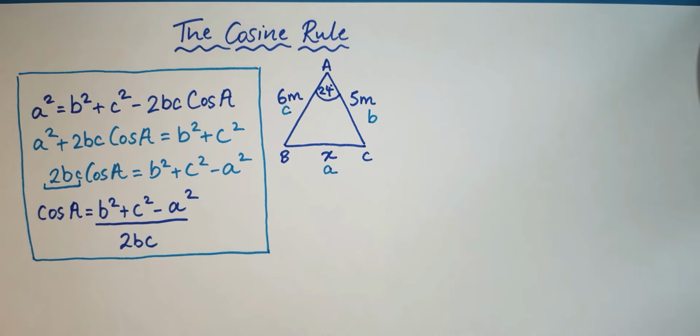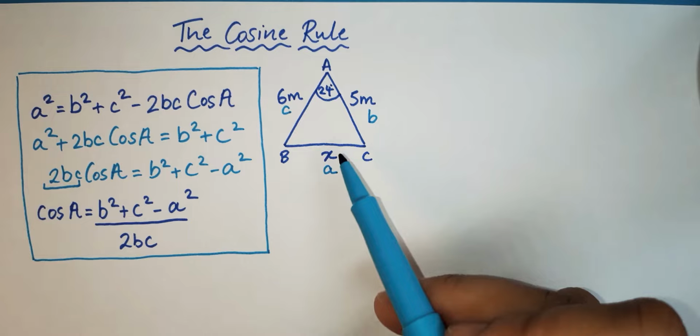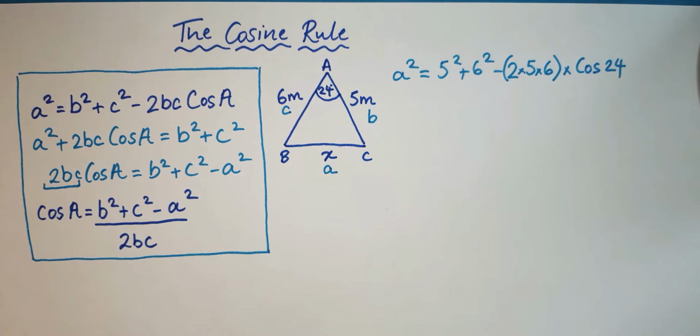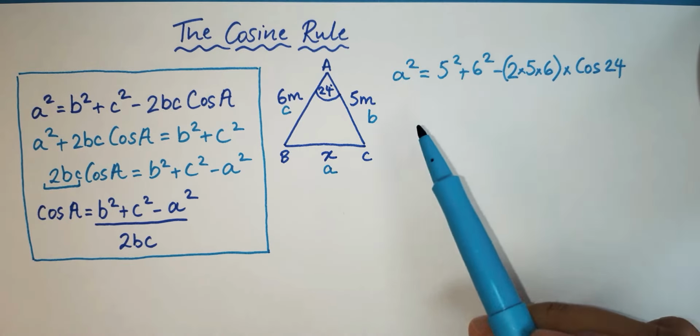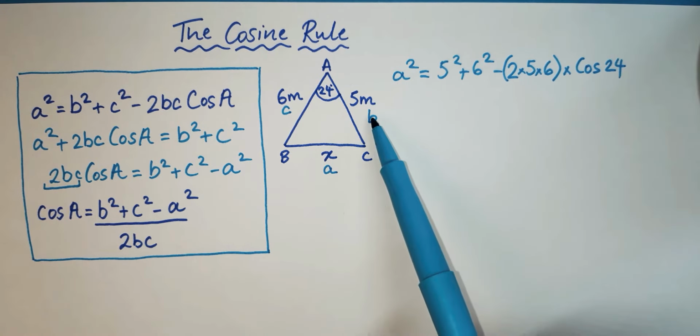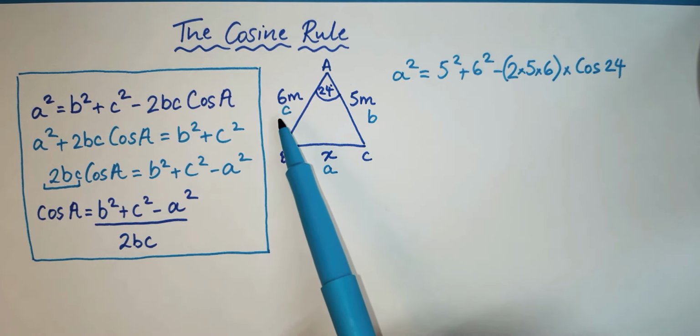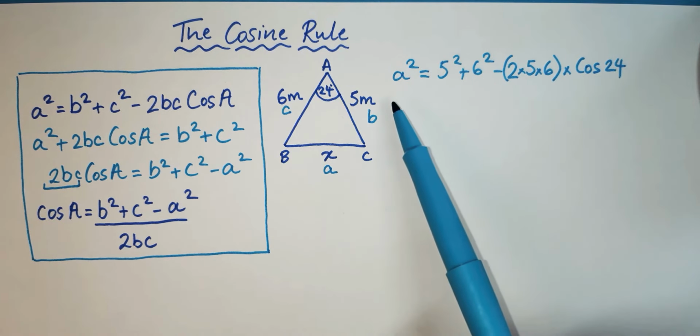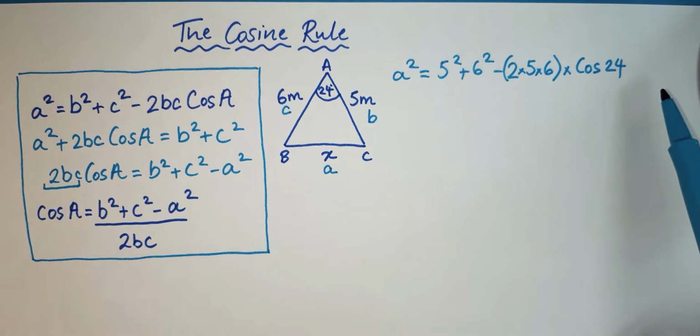So the first thing we do is we rewrite it out by substituting it in. So this is what we get. So this is the first step. You can see that b is 5, c is 6, and A is 24 degrees. And all we've done is simply just put it into this equation.